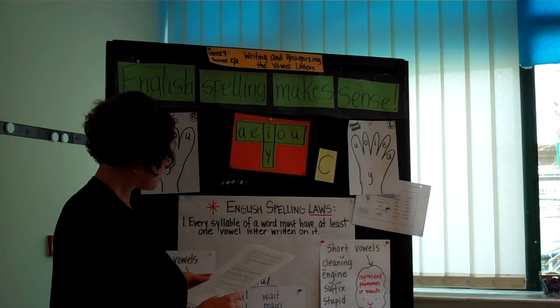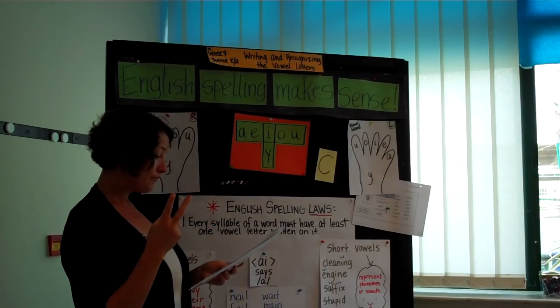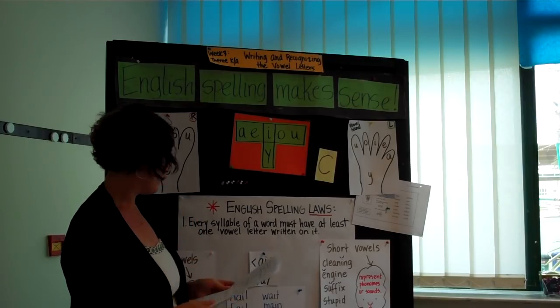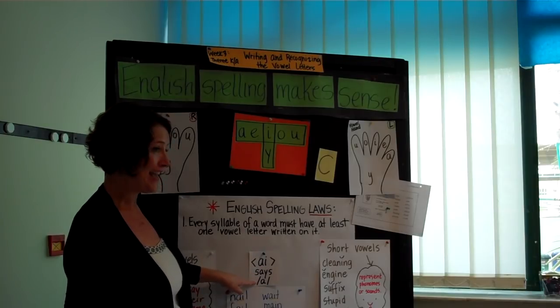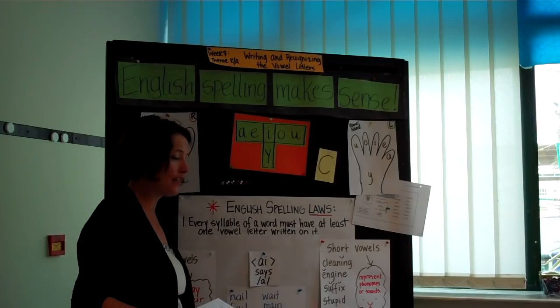Later in the theme, he also talks about how some vowels work together like people, and they do a better job together than they do alone. AI as a digraph was the example, and some classes are going to go into some words that have AI.